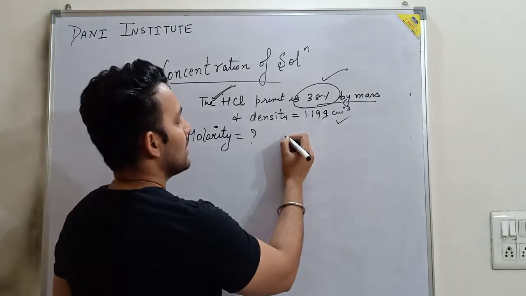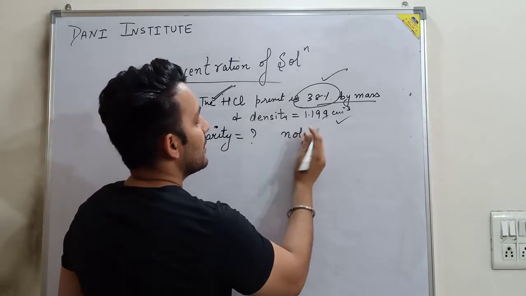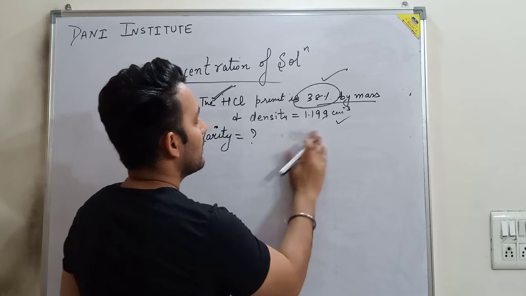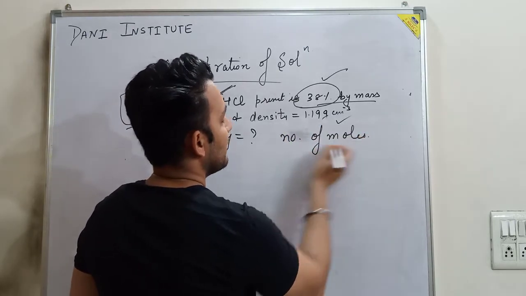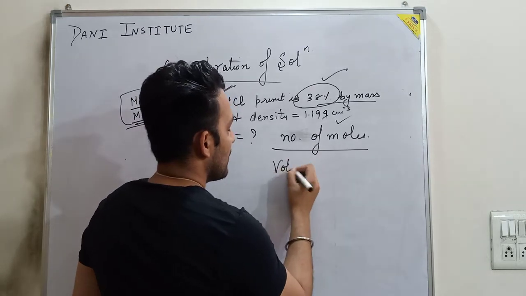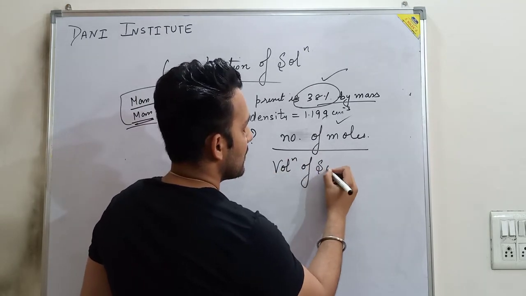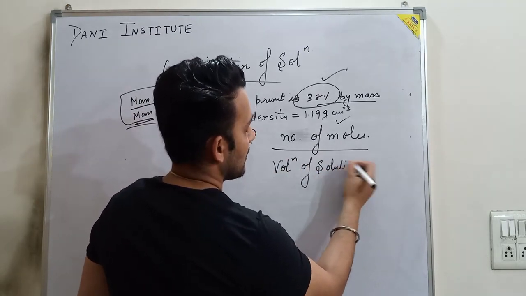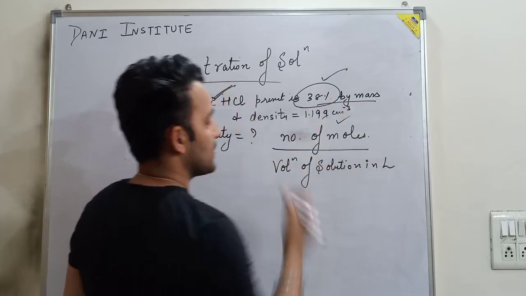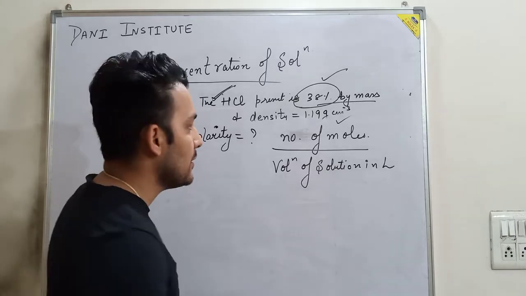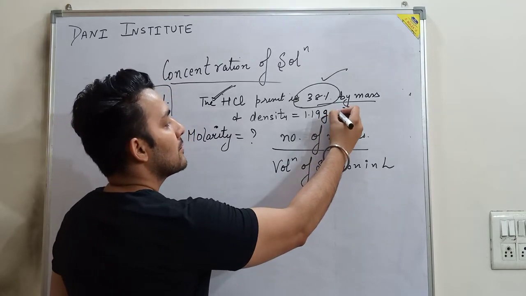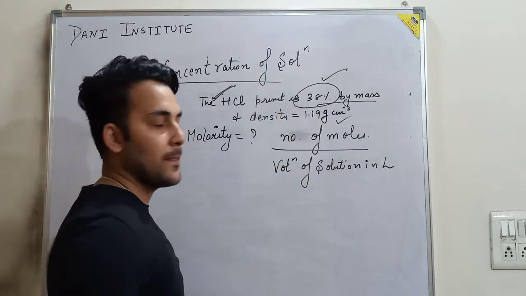For that purpose, again the formula: number of moles divided by volume of solution in liters. In liters. This is density, remember.